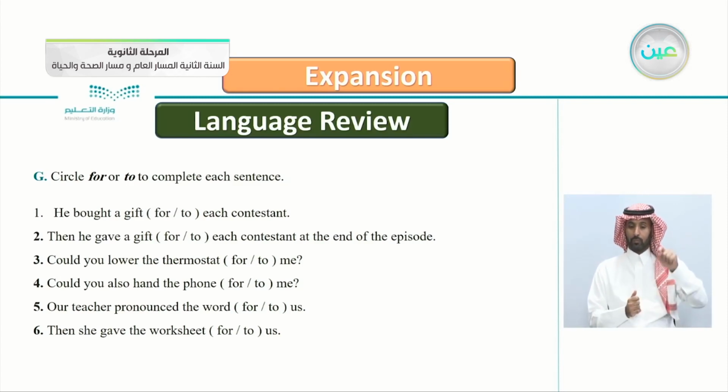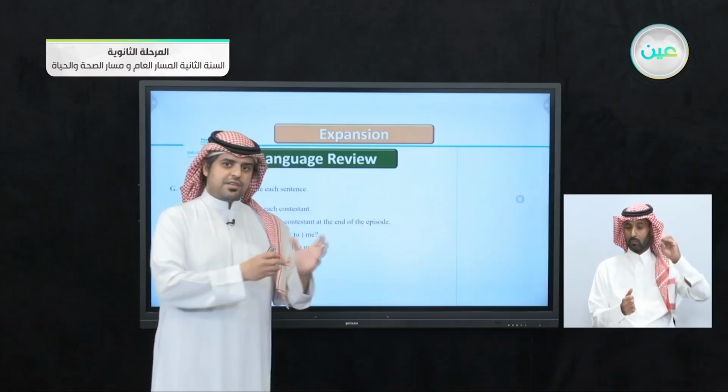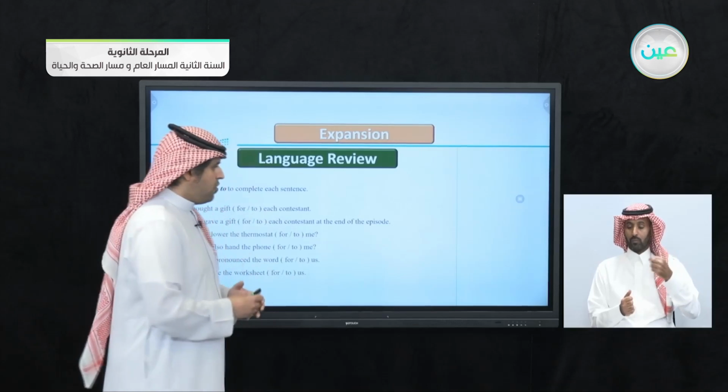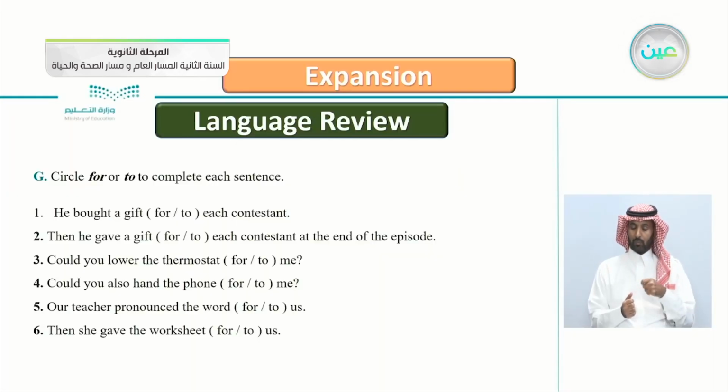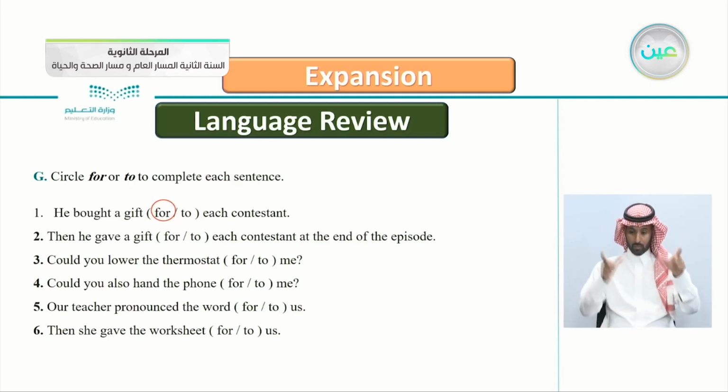So a gift here is the direct and each contestant is the indirect. So do we use for or to? Are they receiving or benefiting? So number 1 is for: he bought a gift for each contestant. They are benefiting from him for the gift.